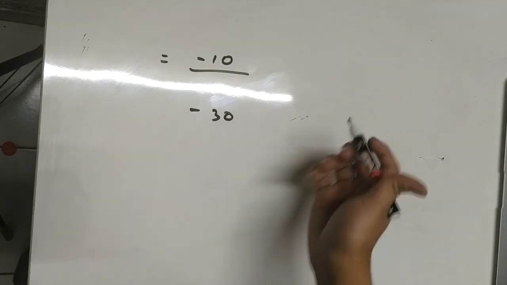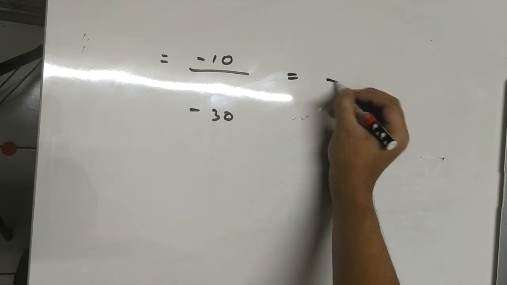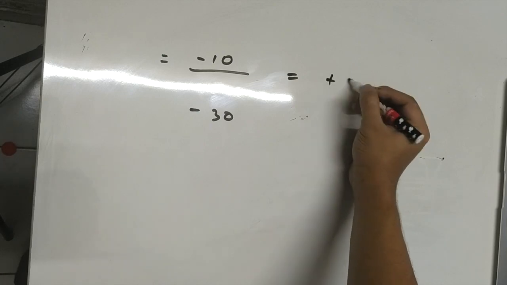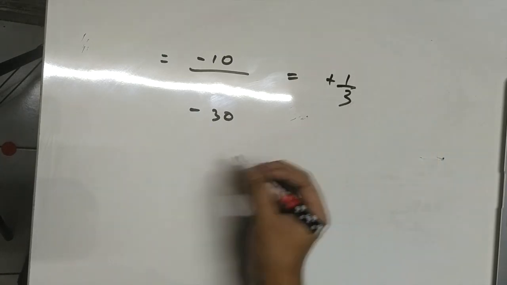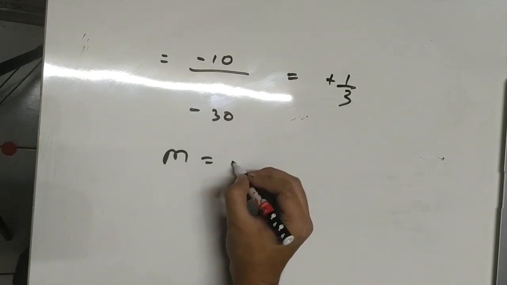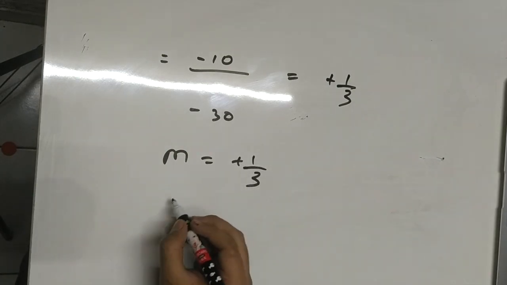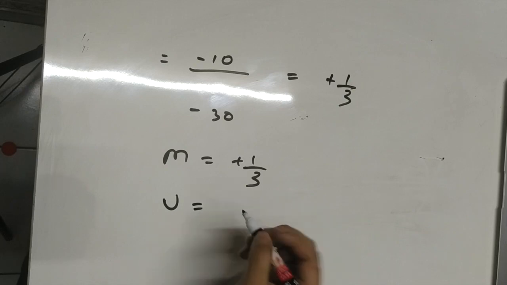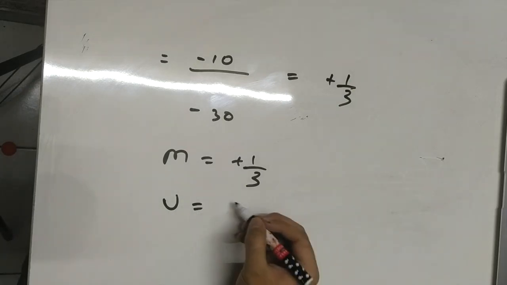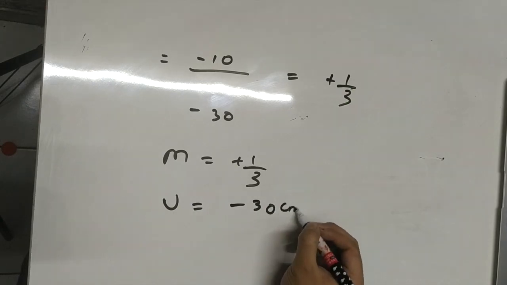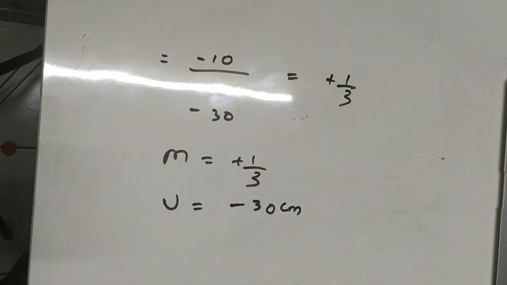So the minus will get cancelled, so it is plus 1 by 3. So what is the magnification? 1 by 3. And what was the location of the object? We have to place it at a distance of 30 centimeter from the lens.